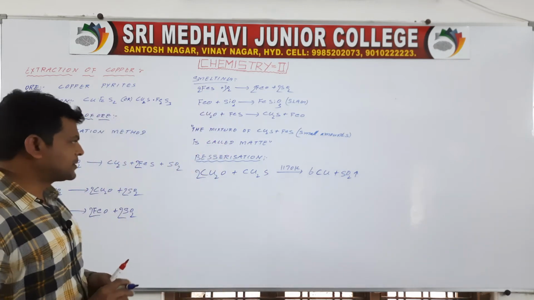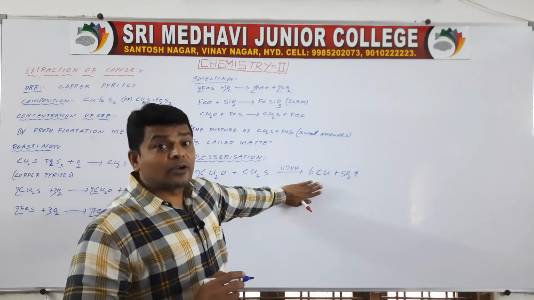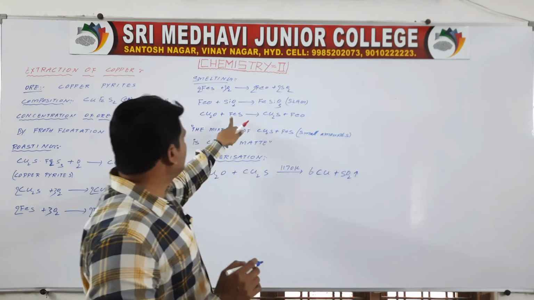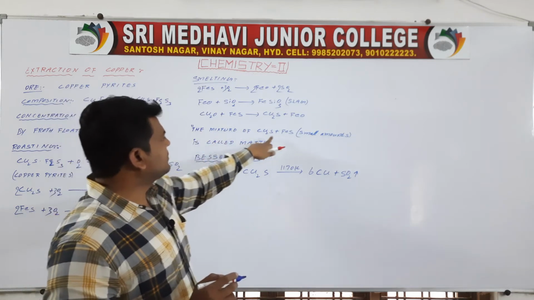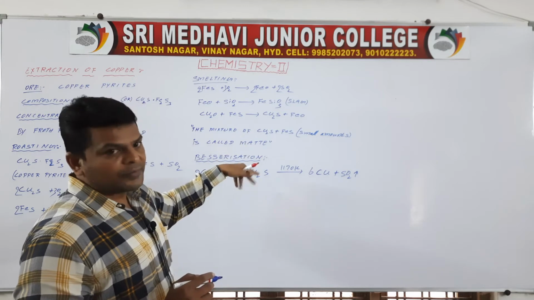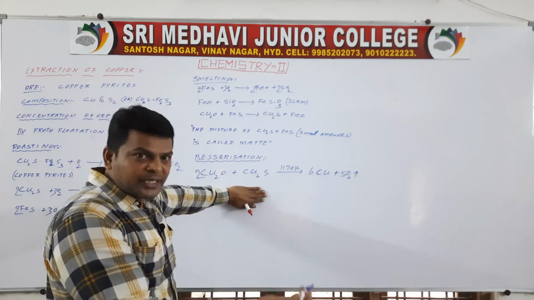Here you have to know that on solidification of copper, the mixture of Cu2S plus FeS is called molten copper. So molten copper is nothing but matte. The molten copper is converted into solid.